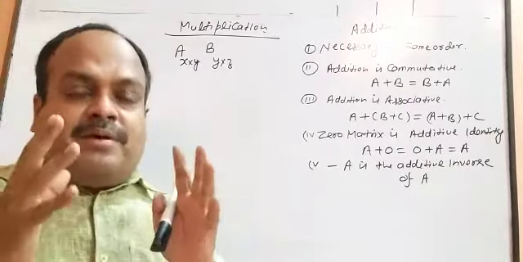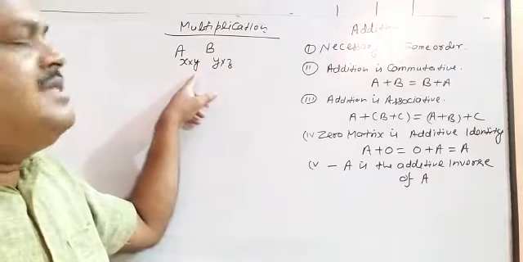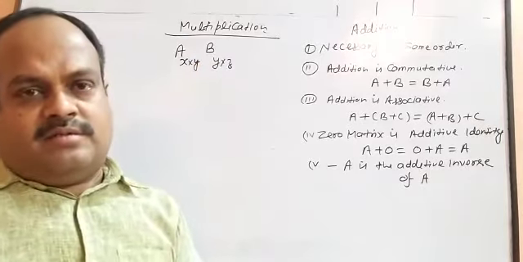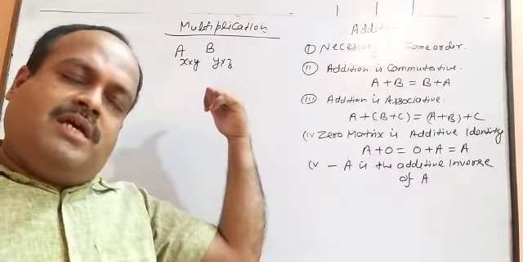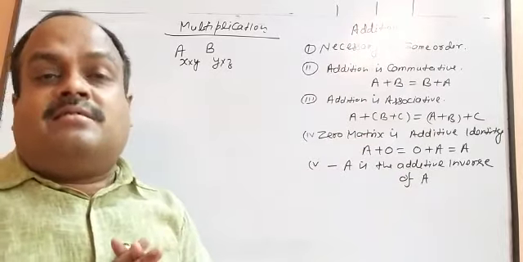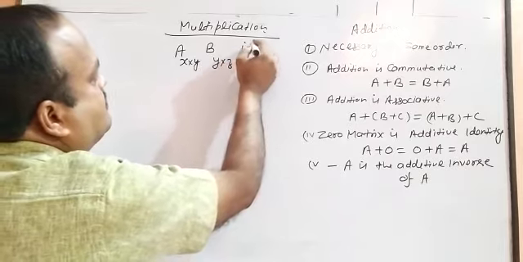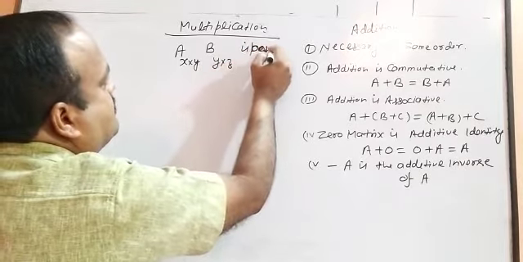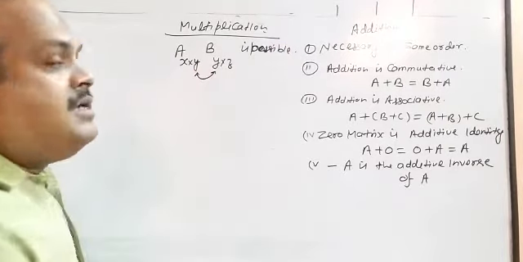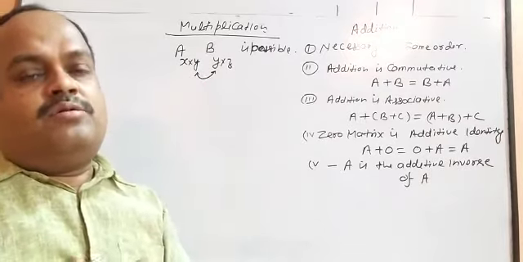A into B is possible only when the number of columns in A is the same as the number of rows in B. If the number of columns in A is not the same as the number of rows in B, then AB is not possible.